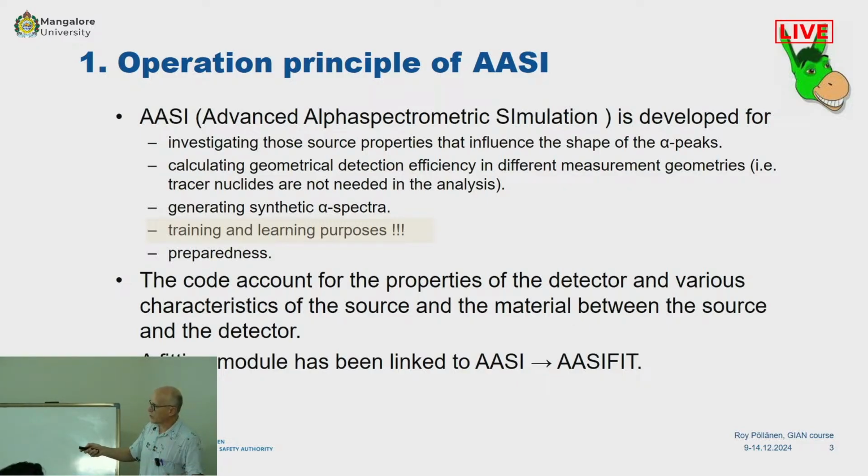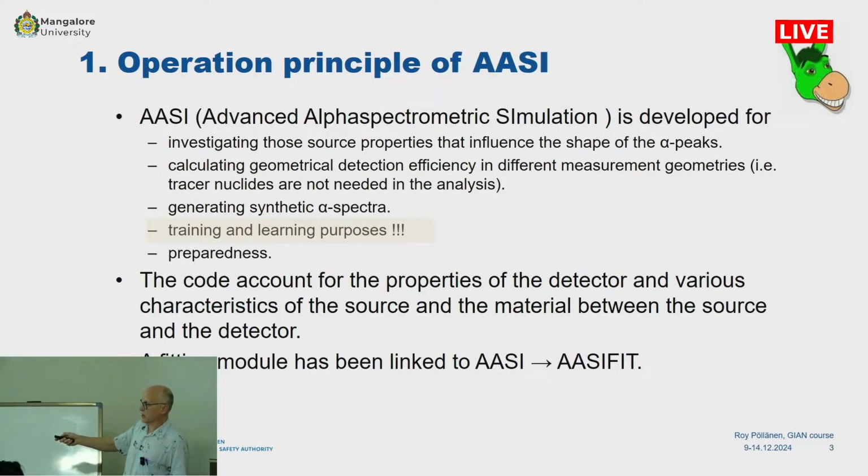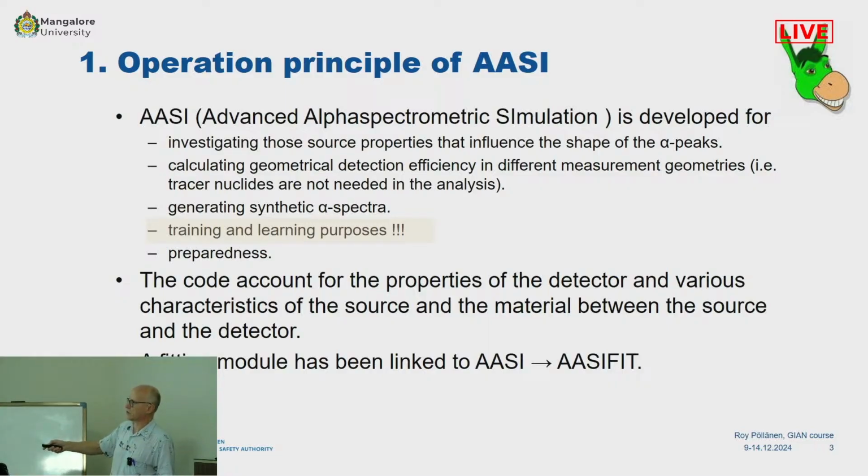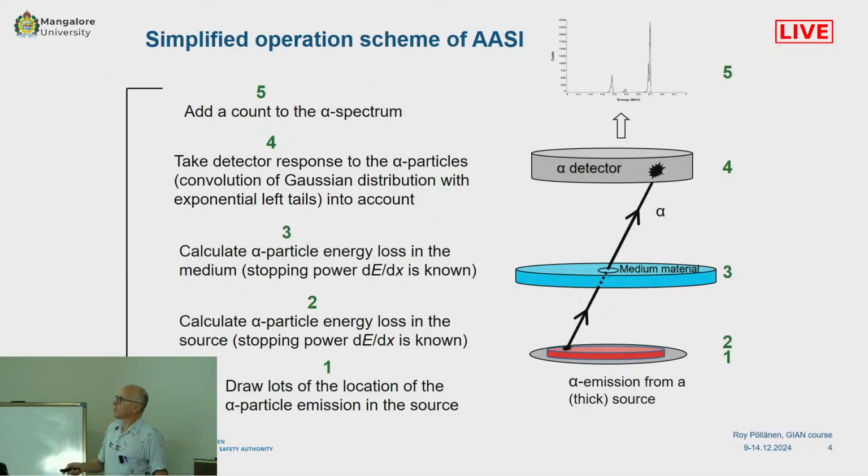And once more, the code takes into account the properties of the detector and various characteristics of the source and the material between the source and the detector. So this is the operation scheme or principle.